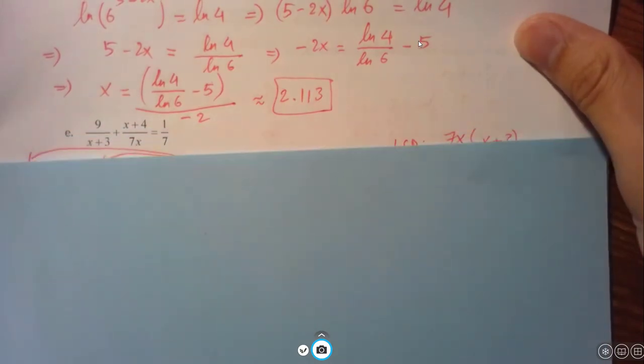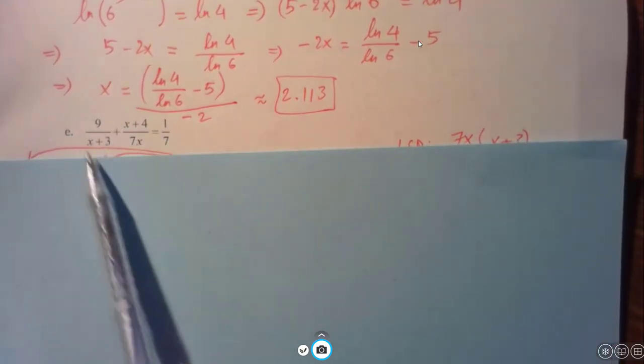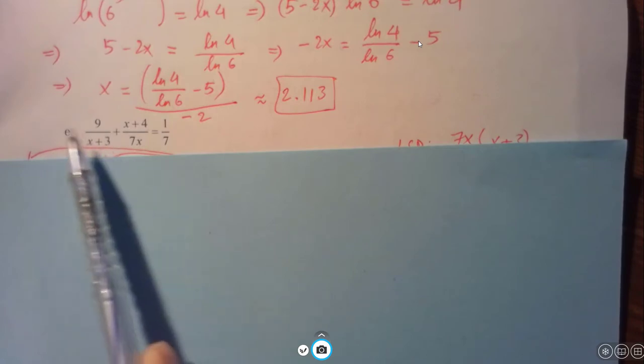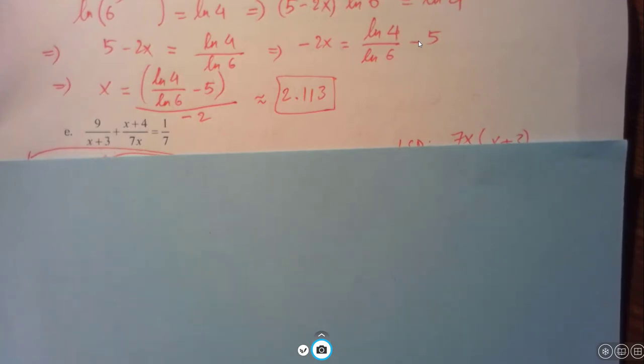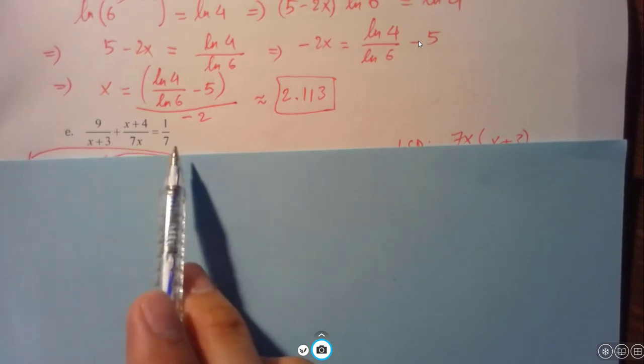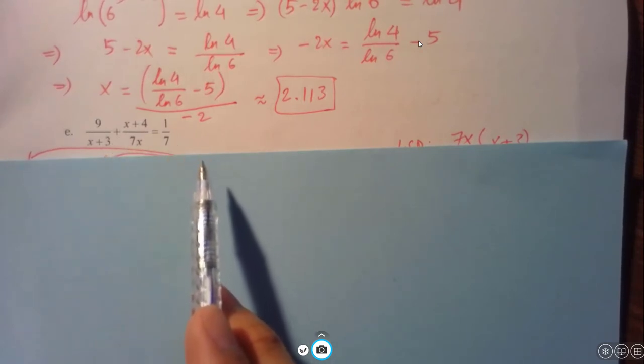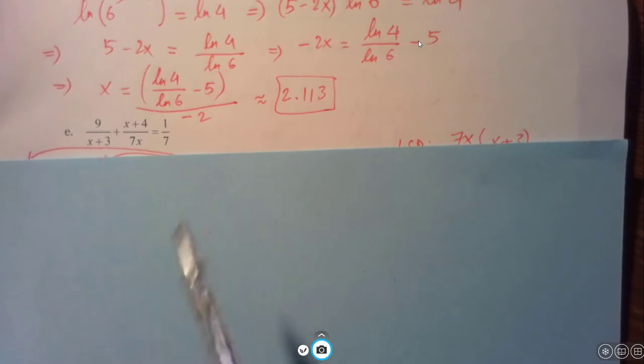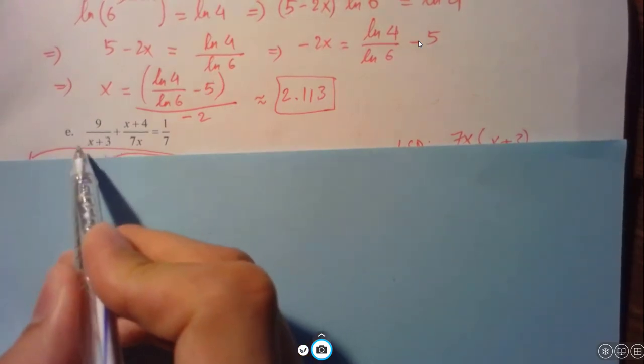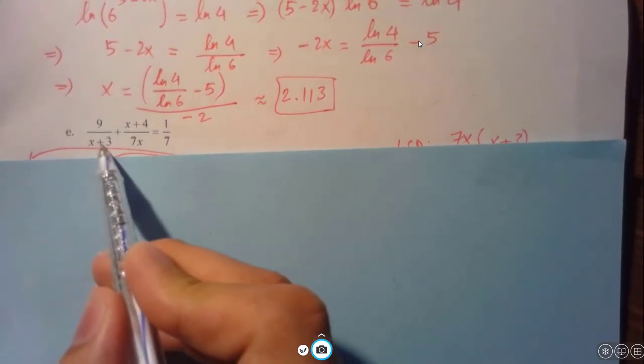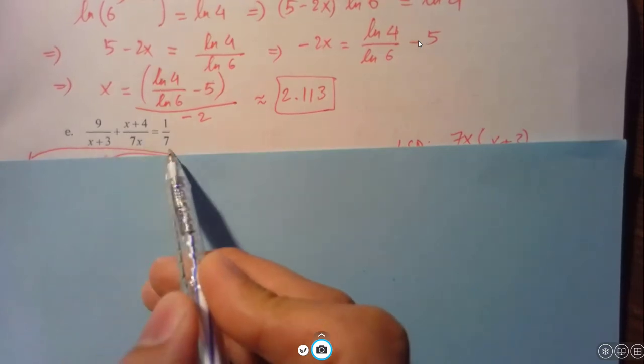The next one, solving this rational equation. Now the best way to solve for any rational equation is by finding the LCD. So we focus at the bottom here: x plus 3, 7x, 7.